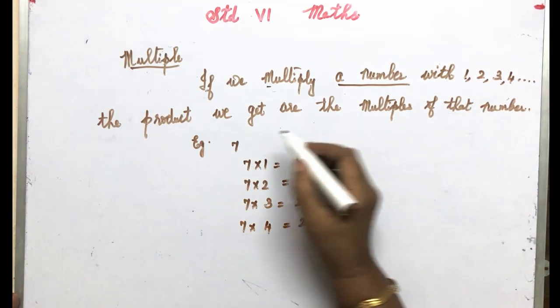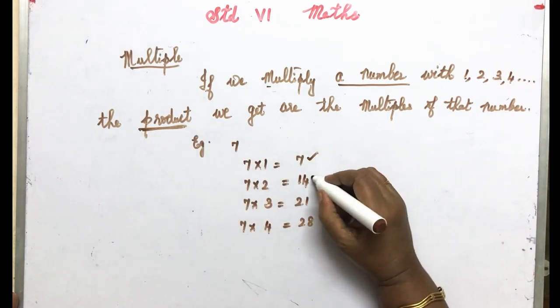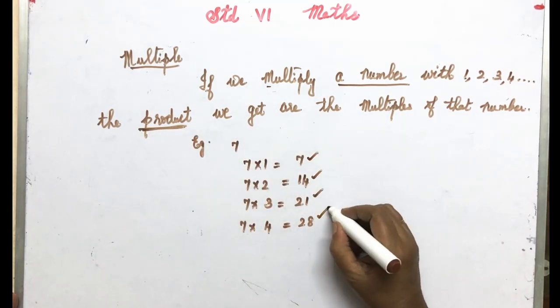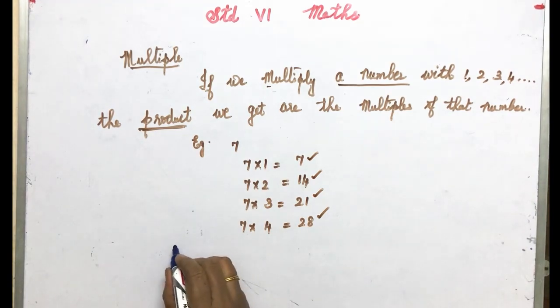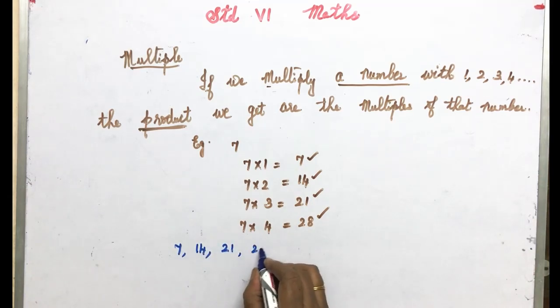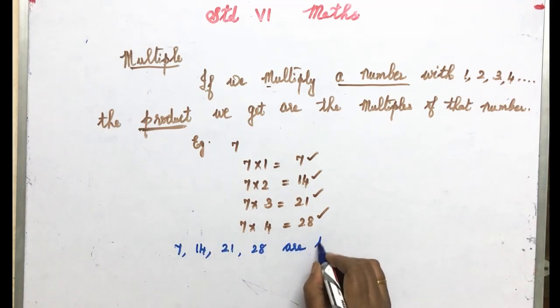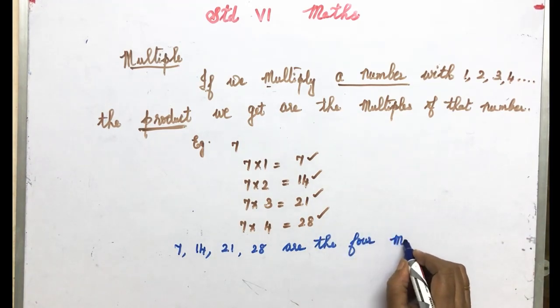So after multiplying, which are the products? 7, 14, 21, 28. So these are the multiples of 7. So 7, 14, 21, 28 are the 4 multiples of 7.